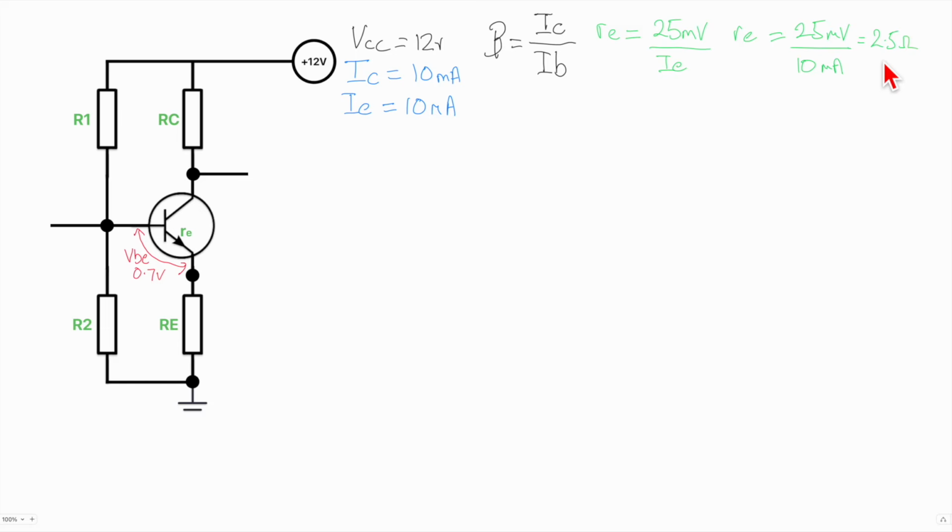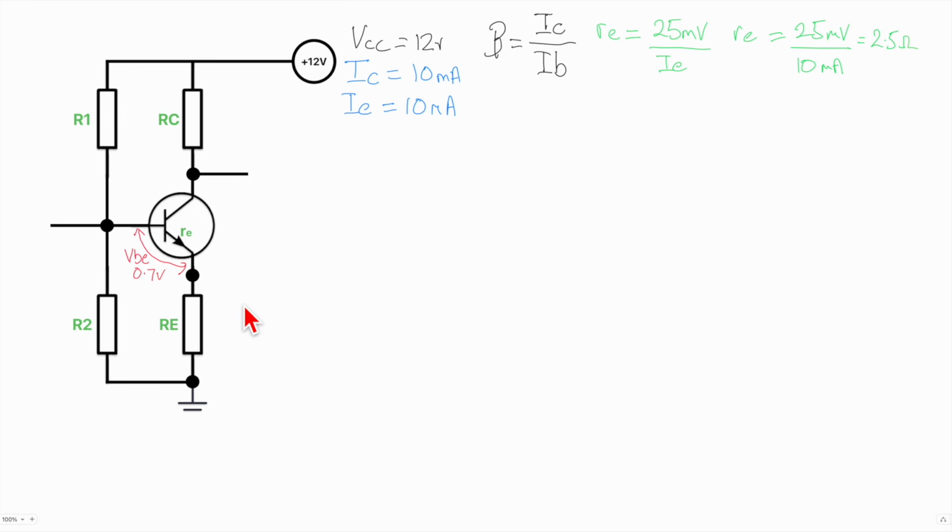Well, what we can do about this is a very cool little trick called emitter degeneration. What that means is that we put a resistor in series with the little RE. So this intrinsic resistance is now in series with a much larger external resistor to ground, and this has the effect of swamping out little RE.